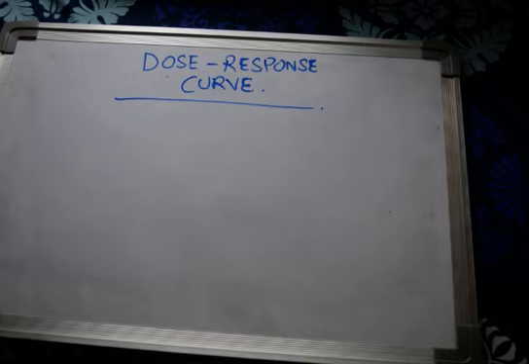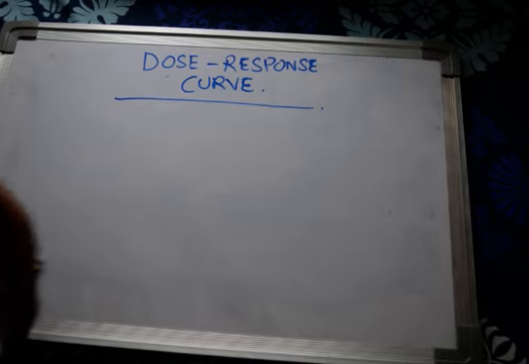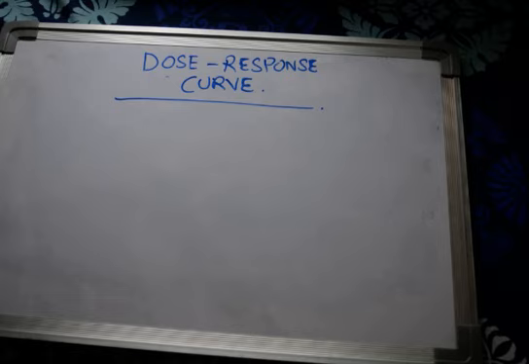of a person or an isolated tissue, and you keep on giving incremental doses. You start with some dose and then you keep on increasing the dose, and you also observe the response. So giving all these doses and finding the response, you plot it on the graph paper.